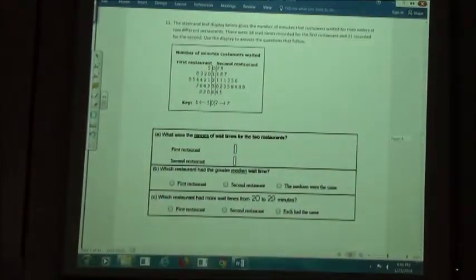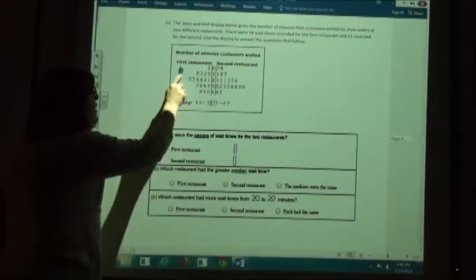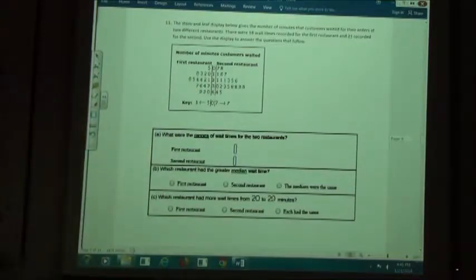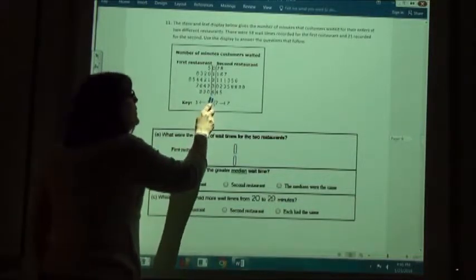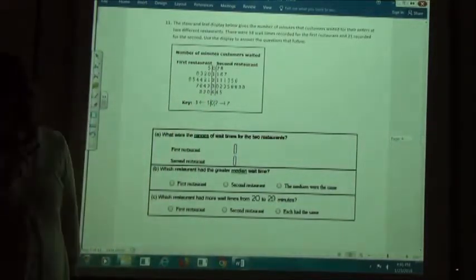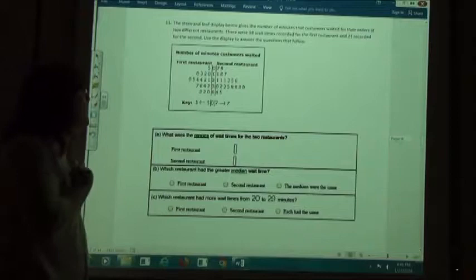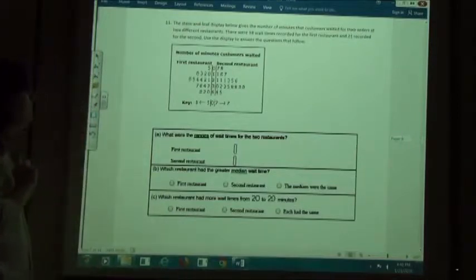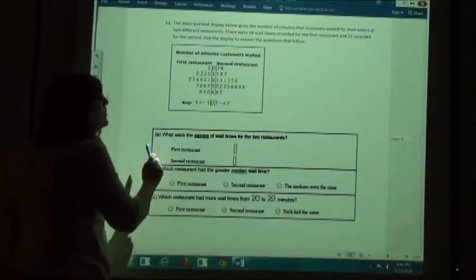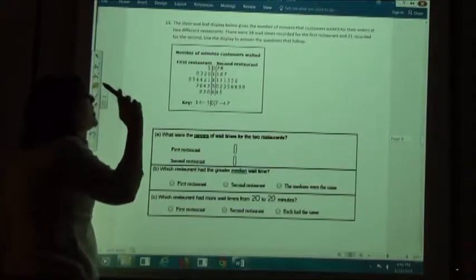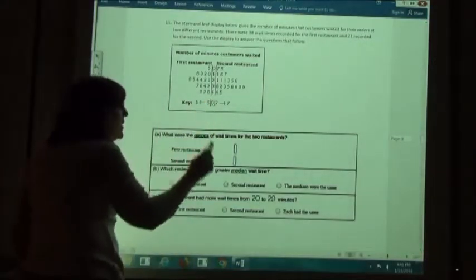So on number 11, again, we want to find the ranges of the wait times for the two restaurants. If I'm looking at the first restaurant, my highest wait time, 49 minutes.